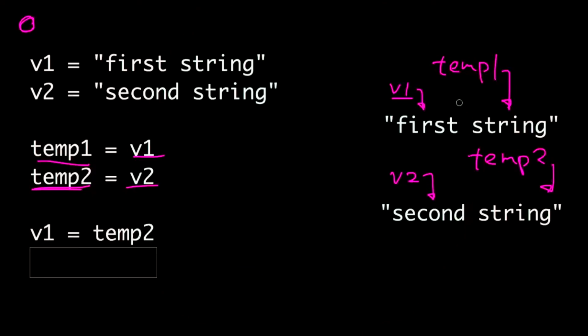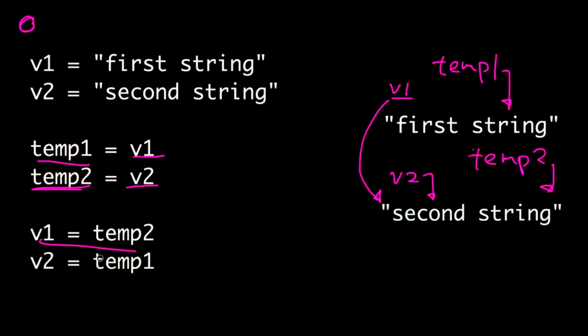So v1 will be equal to temp2, which refers to second string, so v1 will now refer to second string after this line right here. And then v2 will be equal to temp1, which is, of course, first string. So v2 will refer to first string after these lines. So this is one potential solution, but actually we don't have to use two temporary variables.